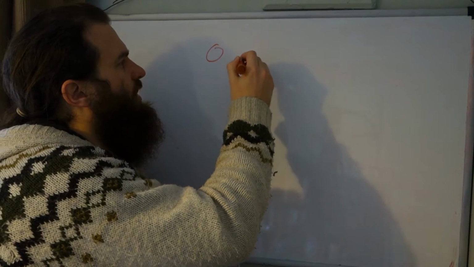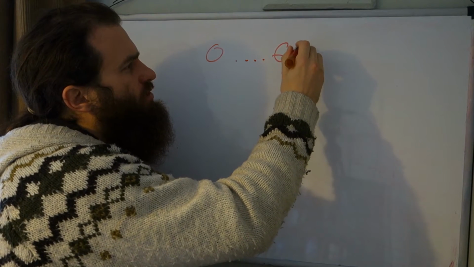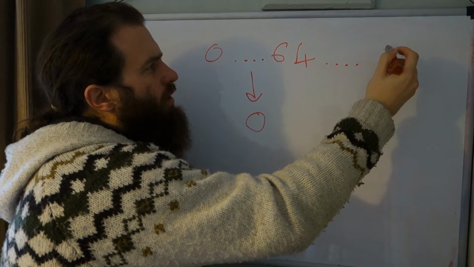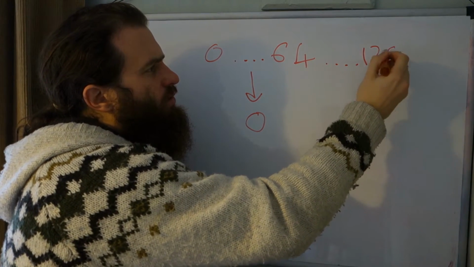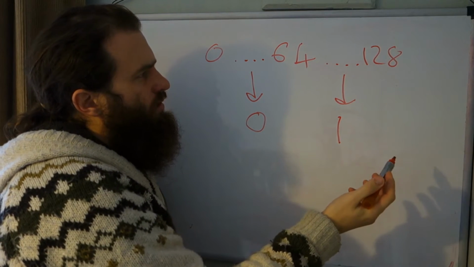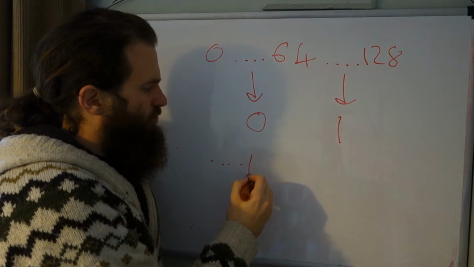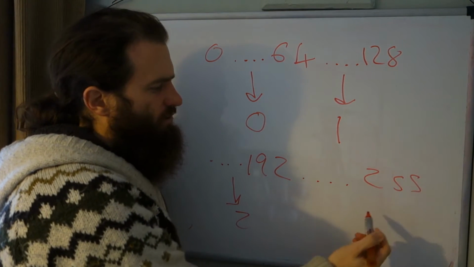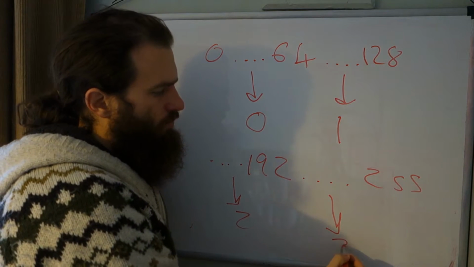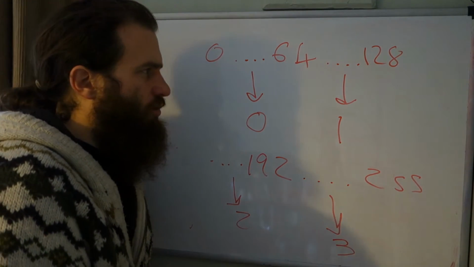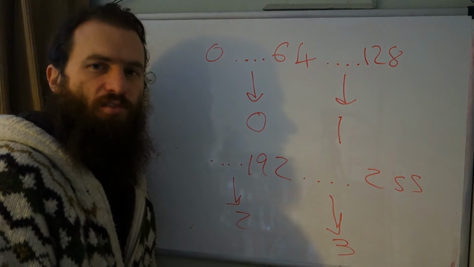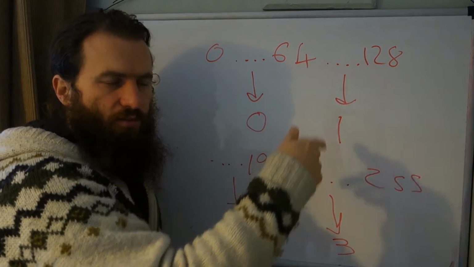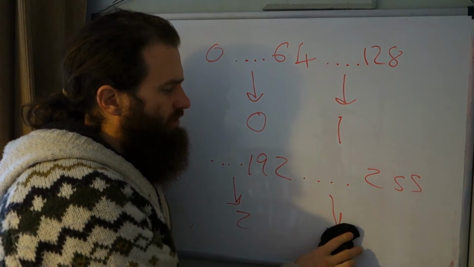So if it's between 0 and 64, we'll map it to a 0. If it's up to 128, we'll map it to a 1. Up to 192, we map it to a 2. And up to 255, which is the maximum value you can represent in a byte, we'll map it to a 3. So from a random sequence of bytes, we can quantize each byte and it will give us one of the 4 corners, so that we can then produce a random pattern.